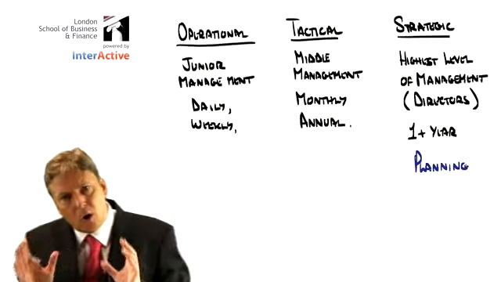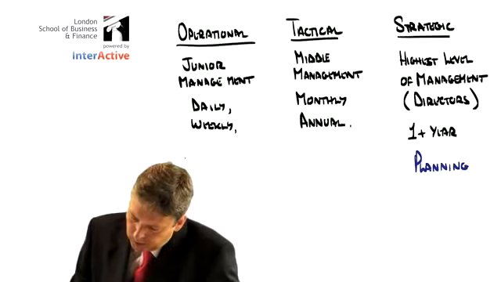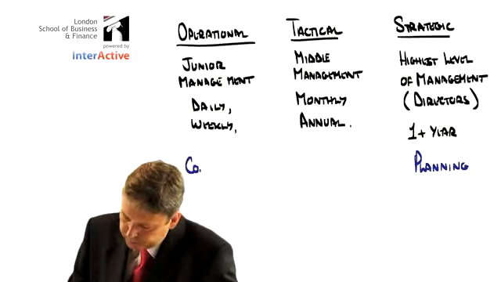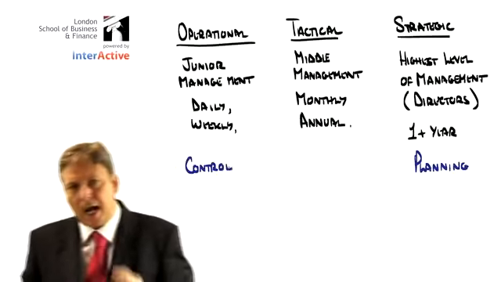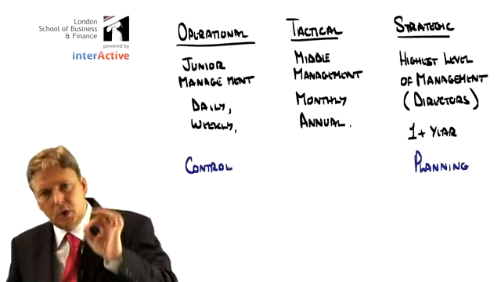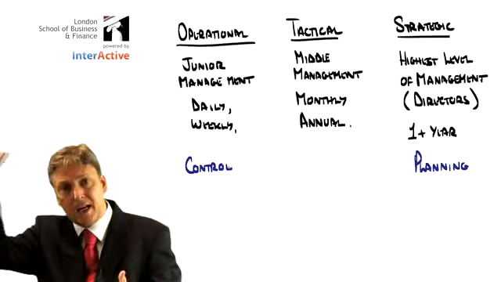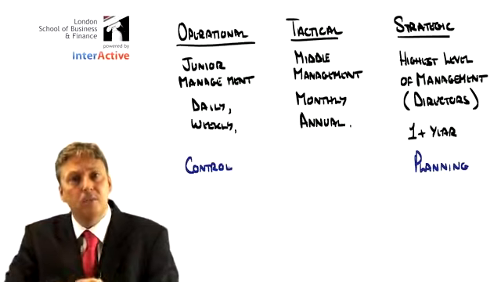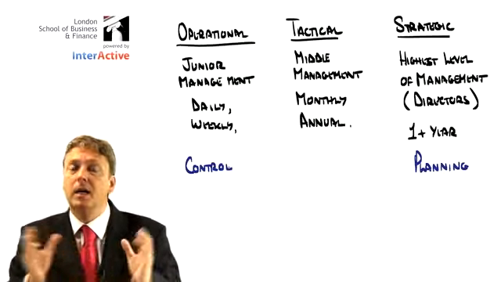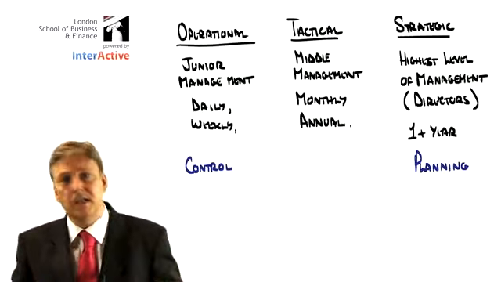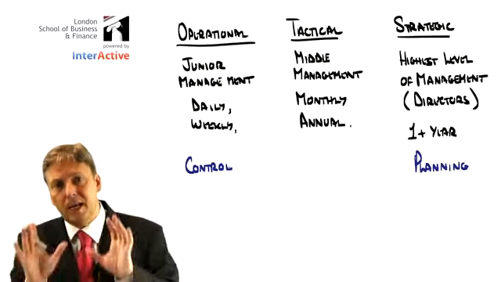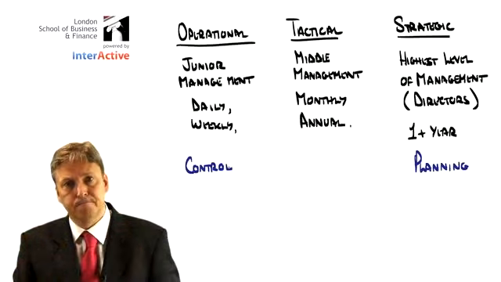When we look at operational decisions, we're looking mostly at control. As a junior manager, you don't necessarily plan. Instead, the plan is imposed upon you and you simply follow instructions in direct relation to policies and procedures that somebody else has put in place.